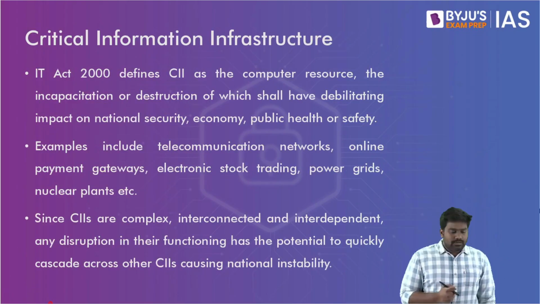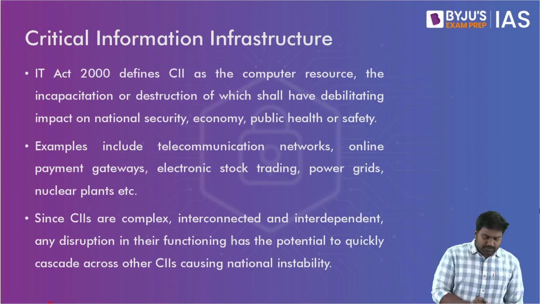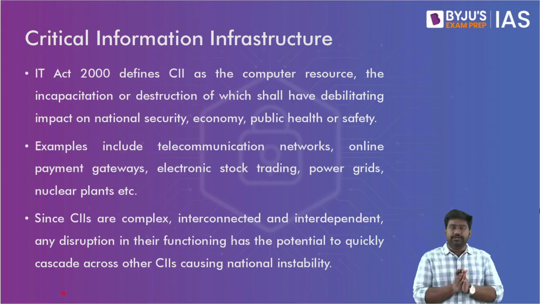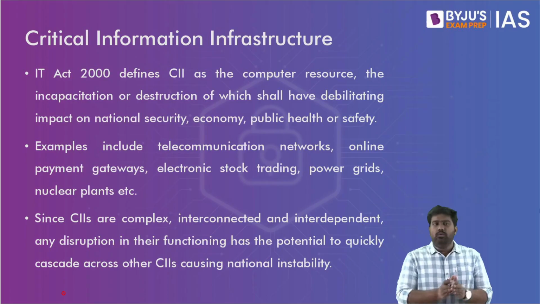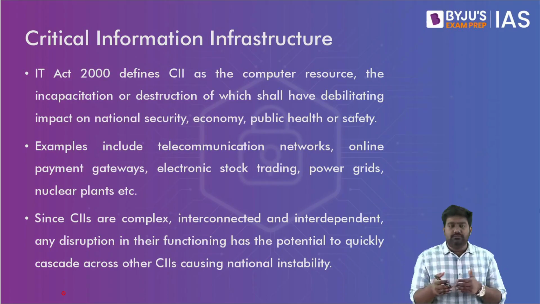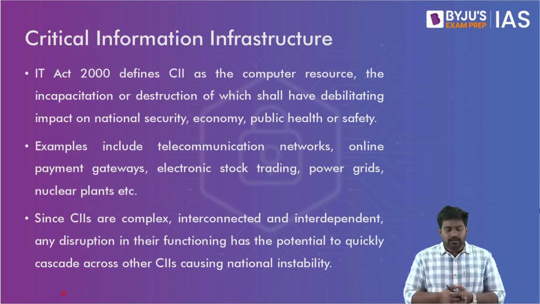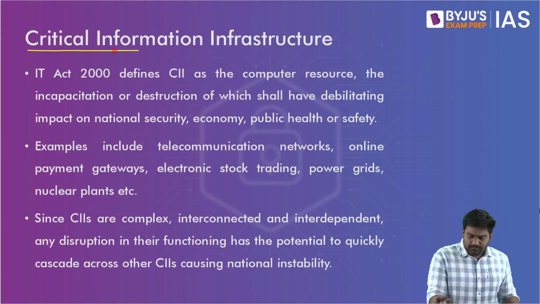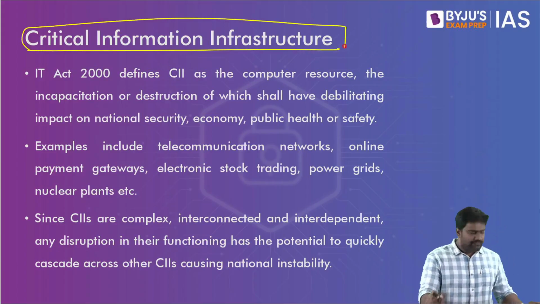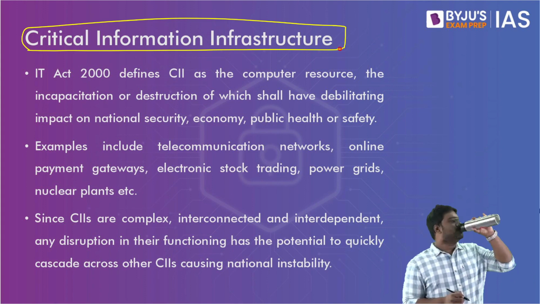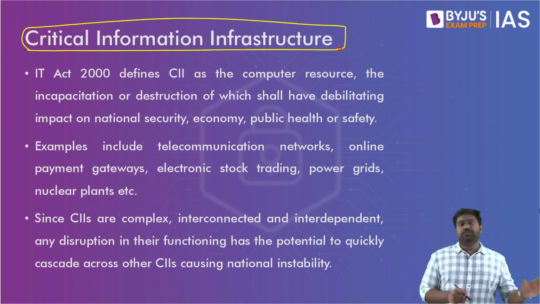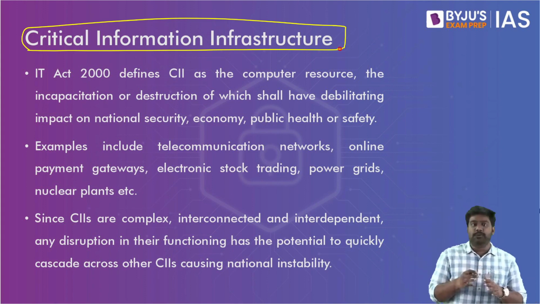Understood? Now, we will move to the final part of the discussion here. We will understand what is critical infrastructure, which I've been mentioning for a while. We'll specifically talk about critical information infrastructure. Then, based on that, we will understand India's preparedness.